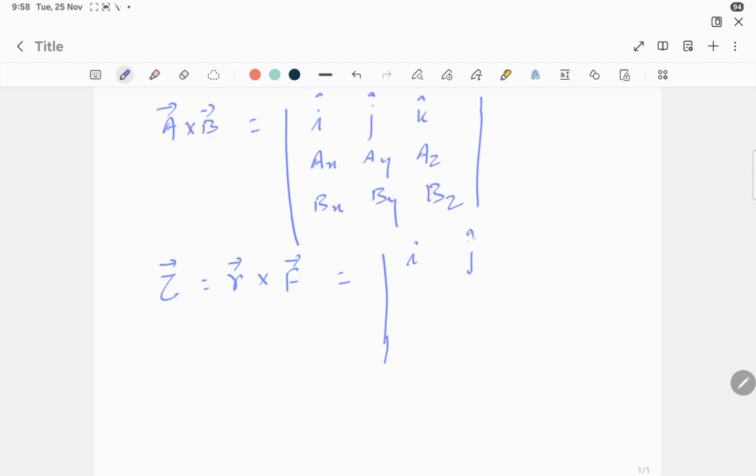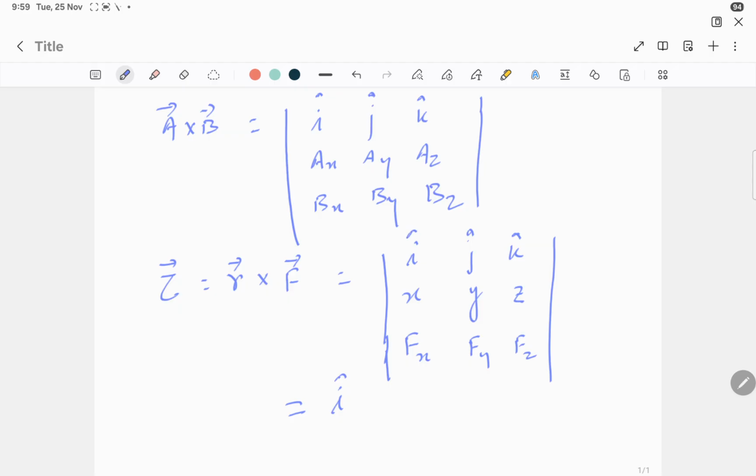i, j, k, and the components of the first vector, that is r, are simply x, y, and z, and the components of force are Fx, Fy, and Fz. Now we know how to expand it.